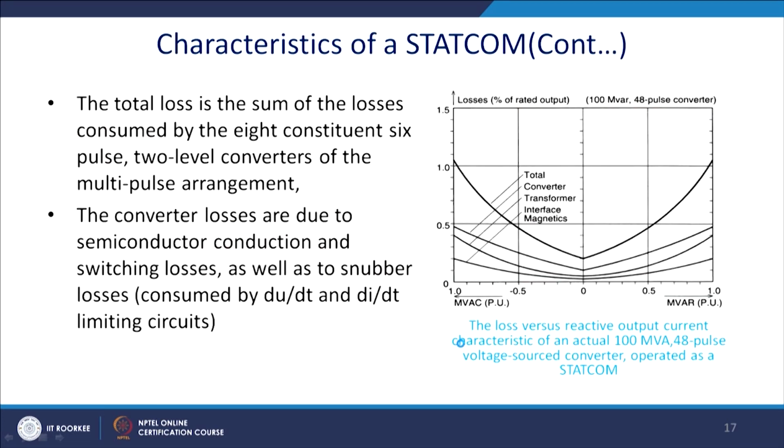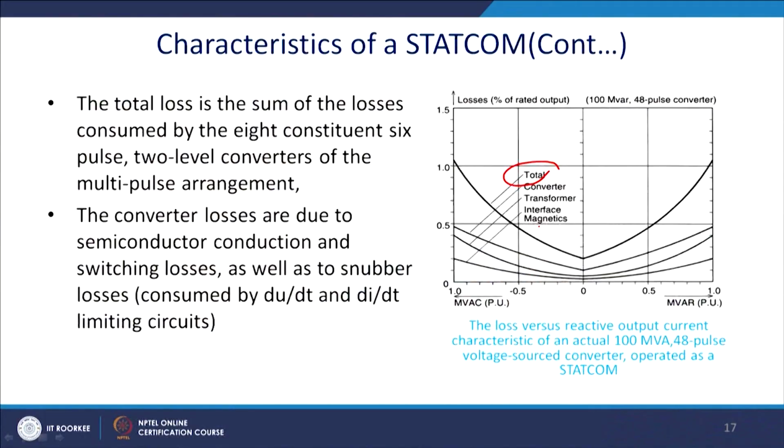Please see the characteristics of the Statcom. So, this is a percentage loss, and this reference is taken from Hingorani and Gyugyi's book. This is a 100 MVAR and 48 pulse converter. You see that this is the total losses, this is the converter loss, this is basically the magnetic loss.